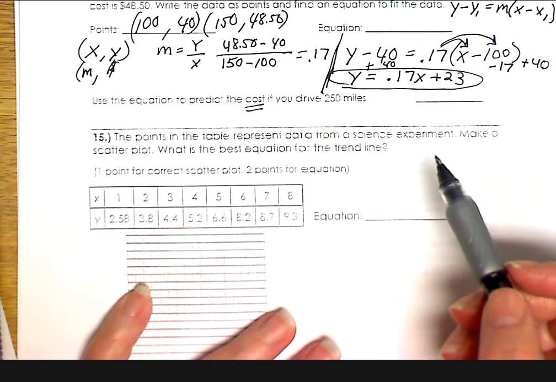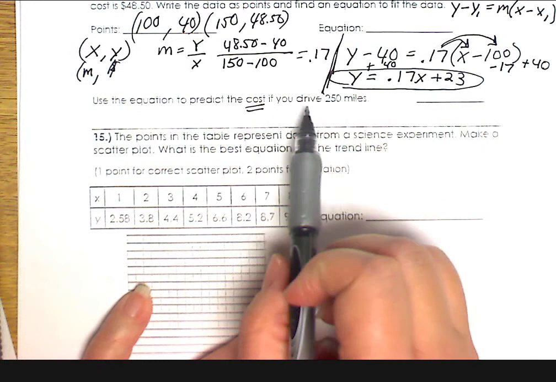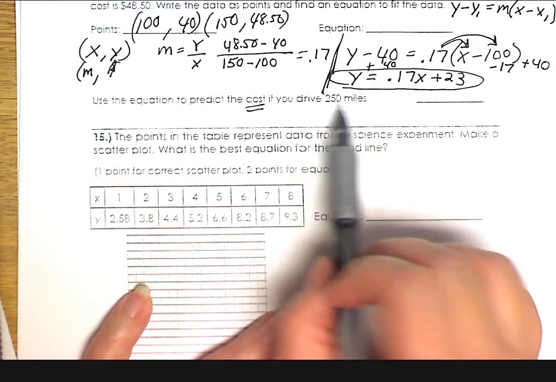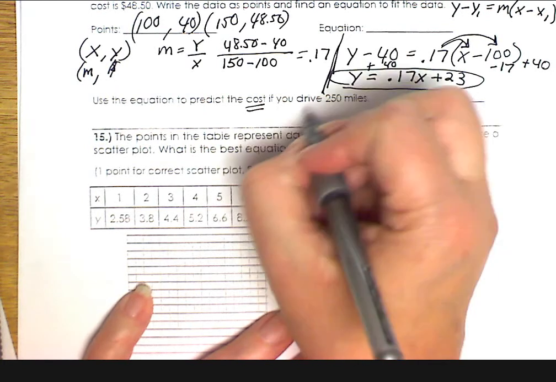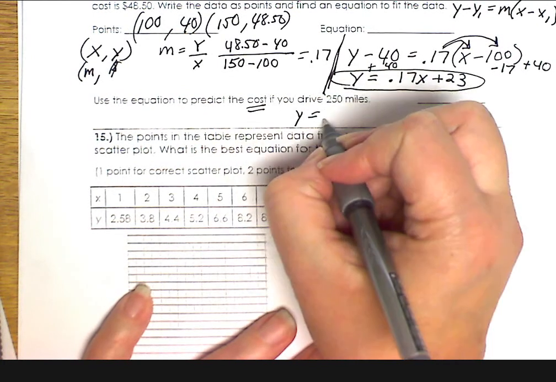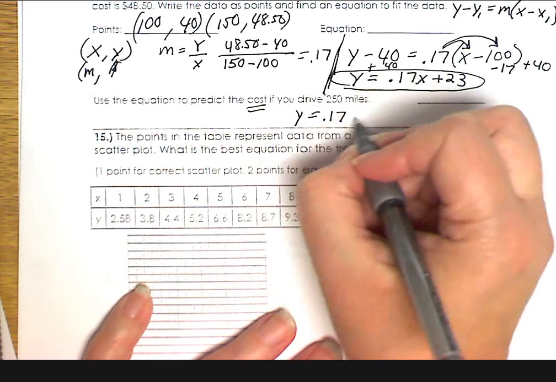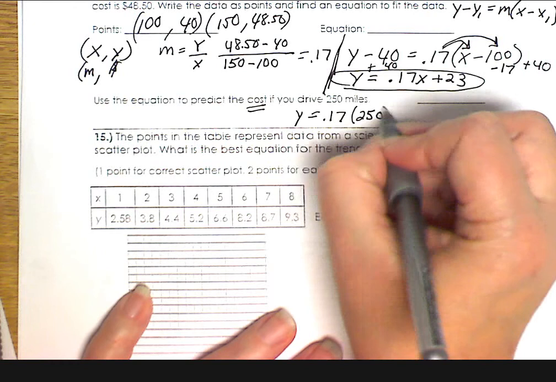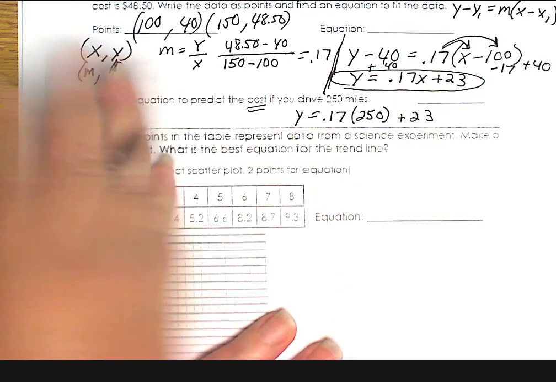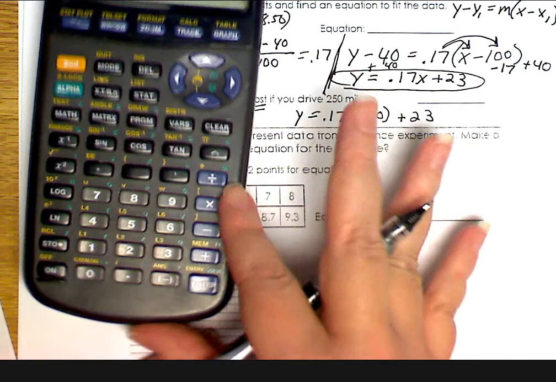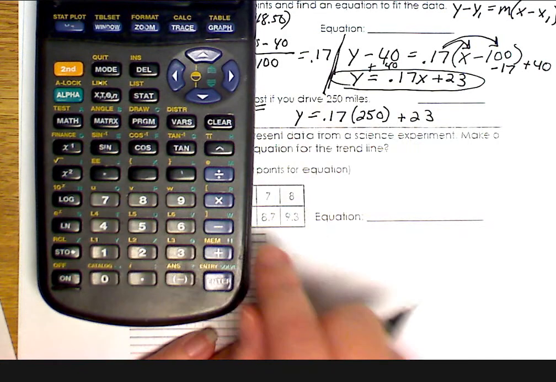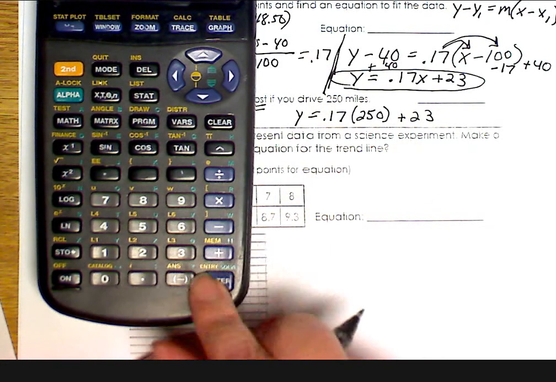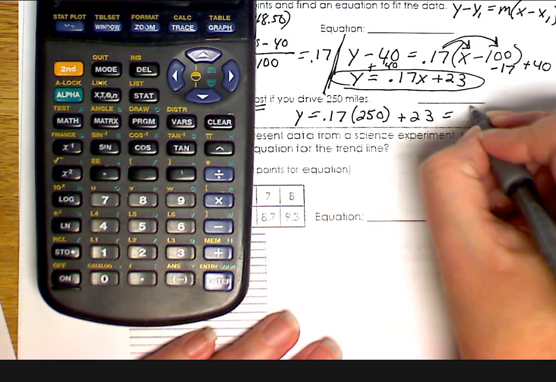Alright, last thing it says is to use this equation to predict 250 miles. So we have y is equal to 0.17, and now we're putting in 250 for x, plus 23. 0.17 times 250 plus my 23 gives me $65.50.